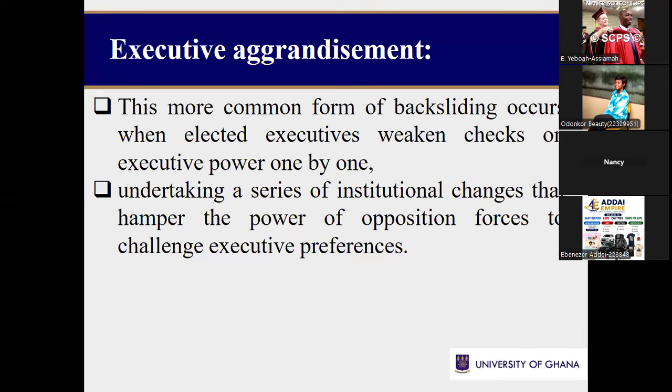The next element, according to Nancy Bermeo 2016, is executive aggrandizement. This one, please don't forget it. Note that once we talk of executive aggrandizement, we are talking about a situation where the executive wants more powers. The executive wants to increase its scope. And before it can increase its scope, it interferes in people's rights.